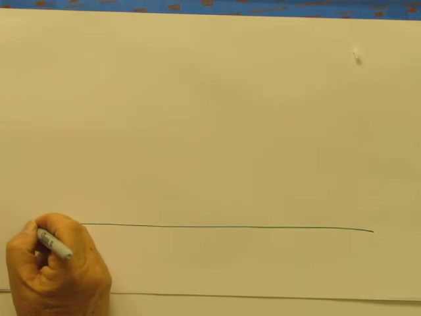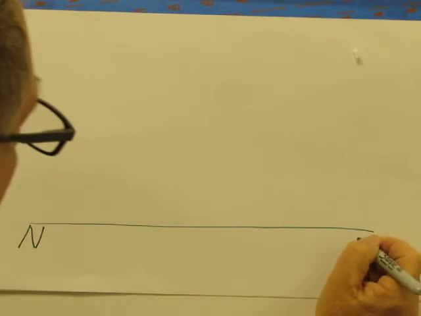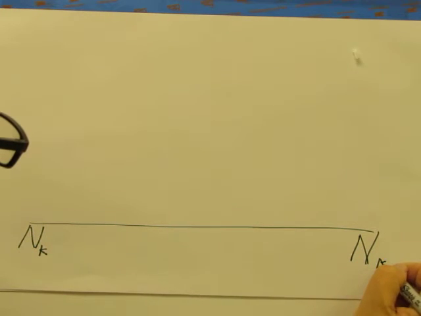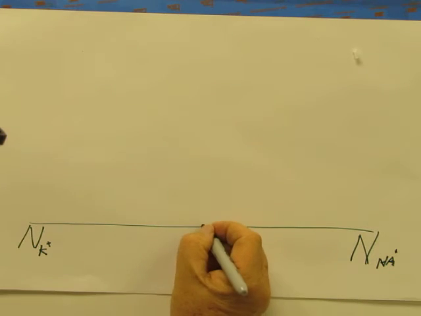Let's do some drawings from our voltage chart. The large N with the small letter is the format for Nernst. So you have Nernst for potassium and Nernst for sodium. And it'll start at 0 voltage here.